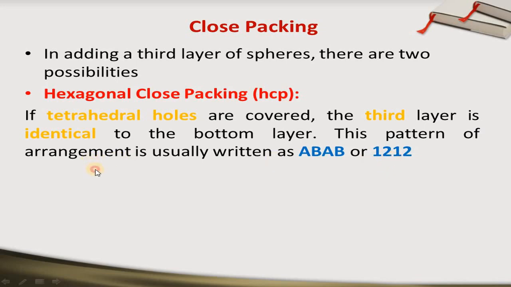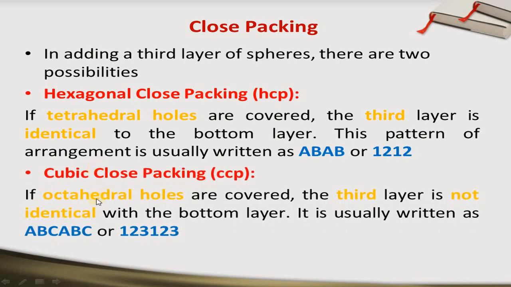While in cubic closed packing, the octahedral holes are covered. Both the tetrahedral holes and octahedral holes are created by the placement of layer B on layer A. If octahedral holes are covered, then the third layer is not identical with the bottom layer, meaning the third layer is different from the first layer. Here in hexagonal closed packing, the third layer is similar to the first layer.